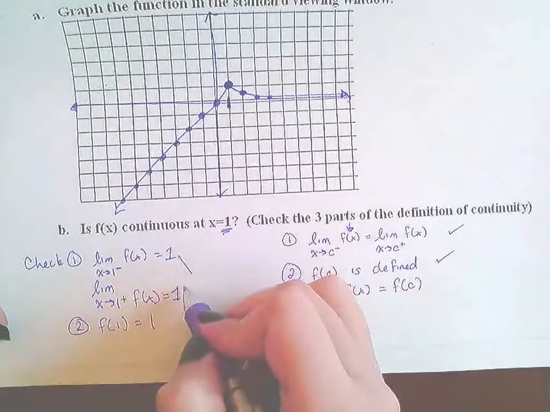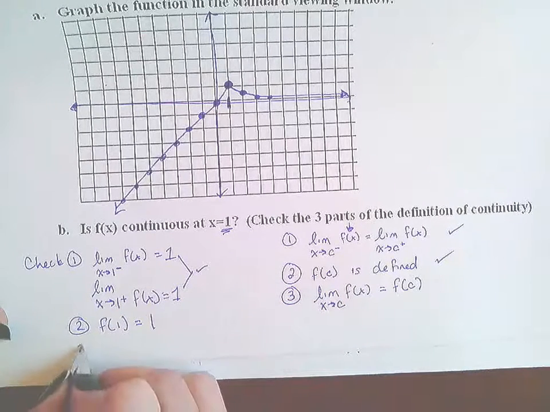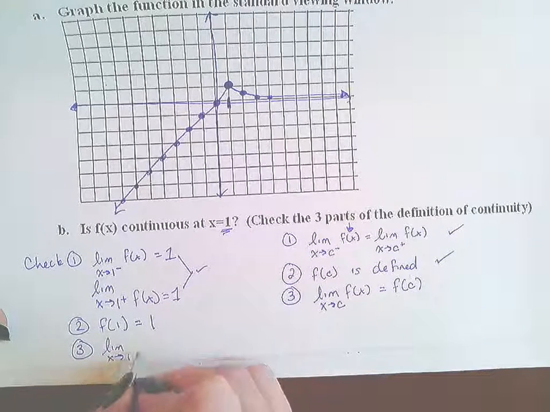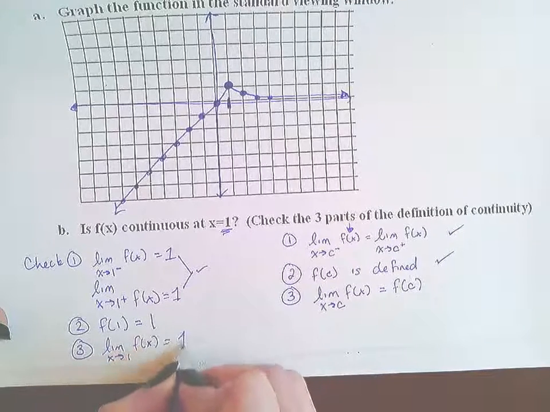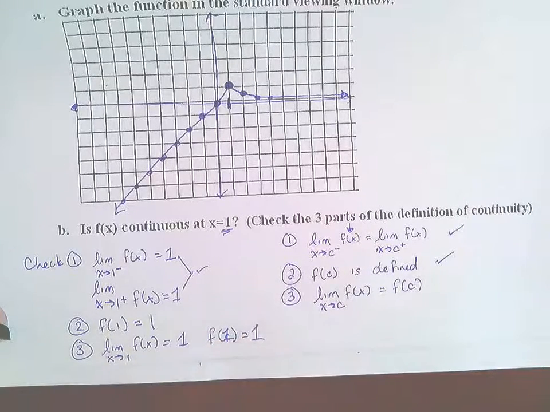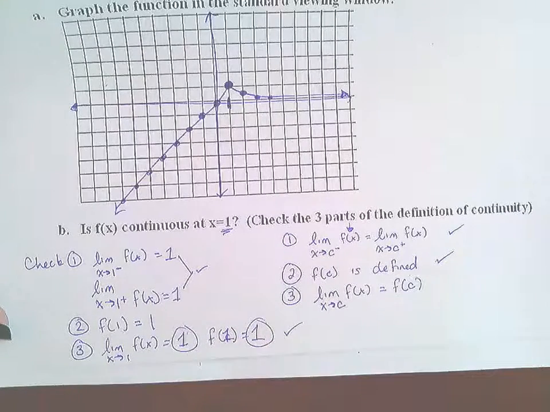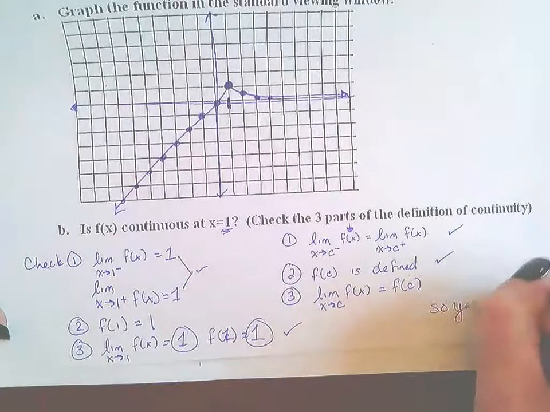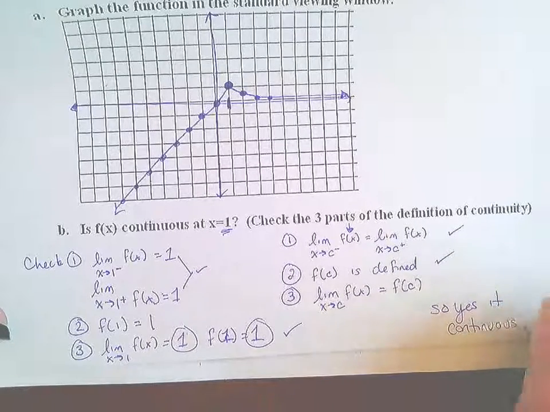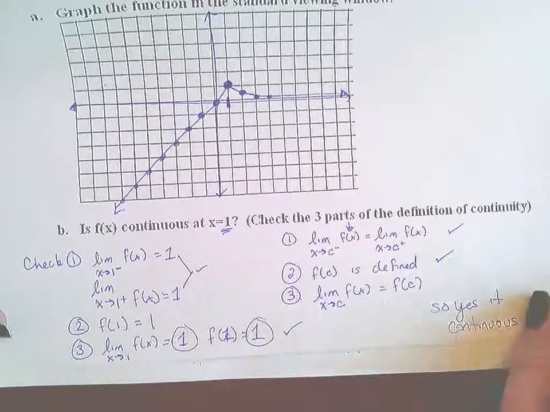Because these two are the same, that means the limit does exist. So part 3 does check out because the limit as x approaches 1 is 1, and f of 1 is 1. So, yes, it's continuous because we check the 3 rules.